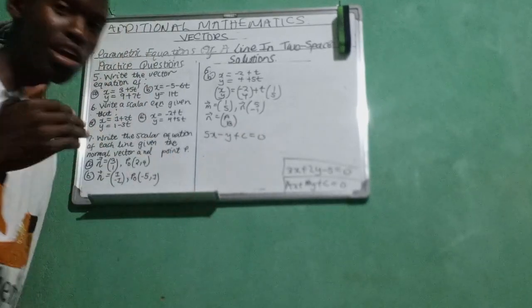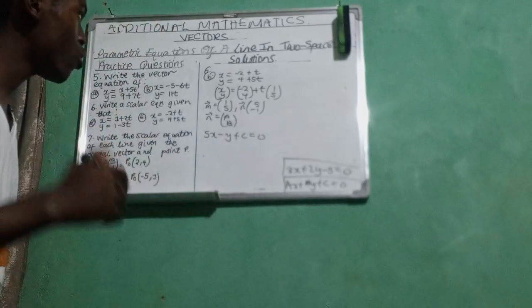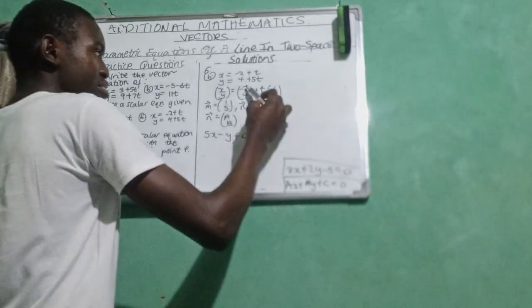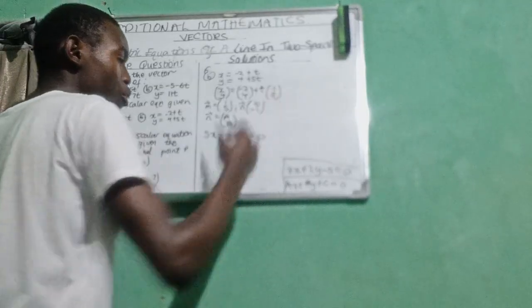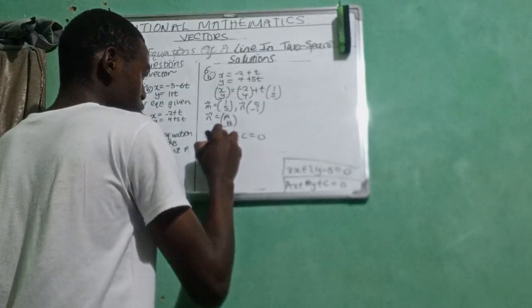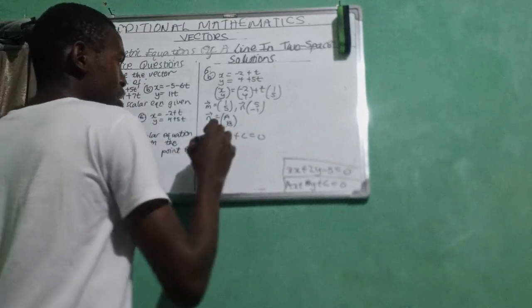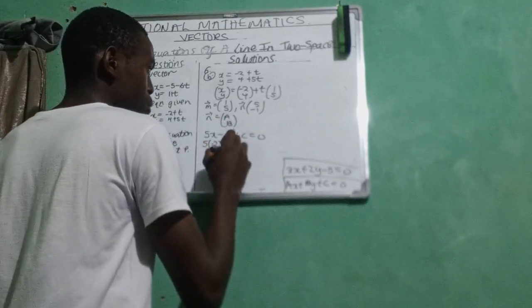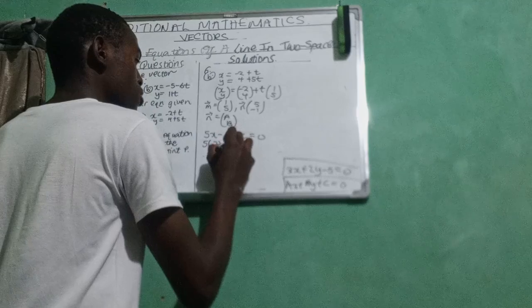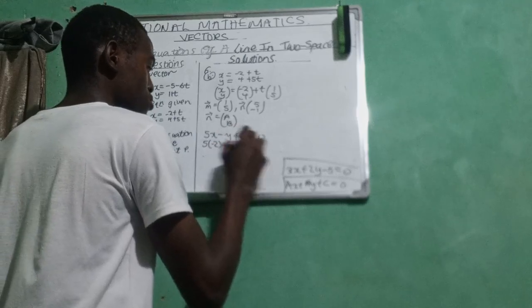And then we substitute another coordinate. Another coordinate will simply be this here, (negative 2, 4), because it is a position vector. So 5 multiplied by negative 2, minus y which is a positive 4, plus c is equal to 0.